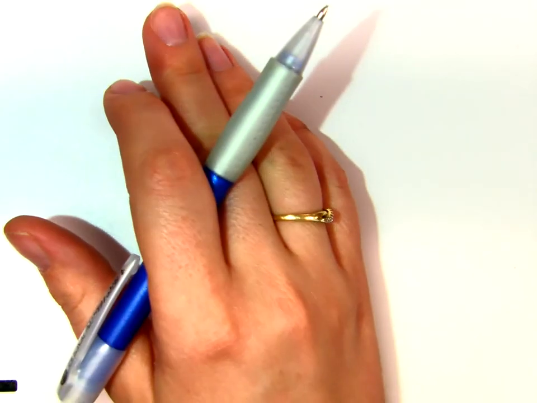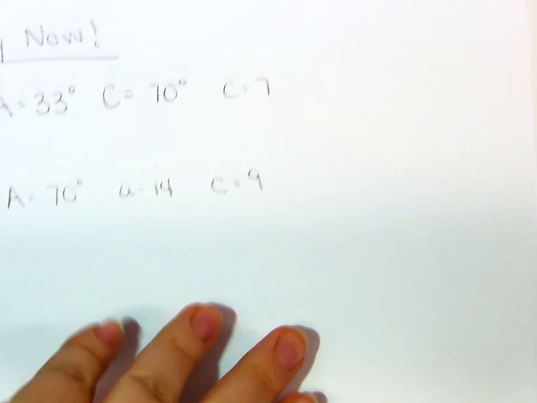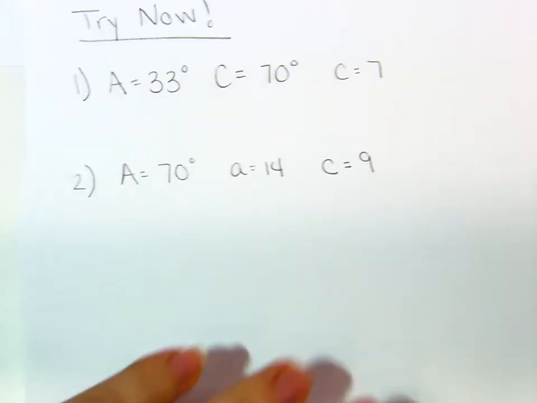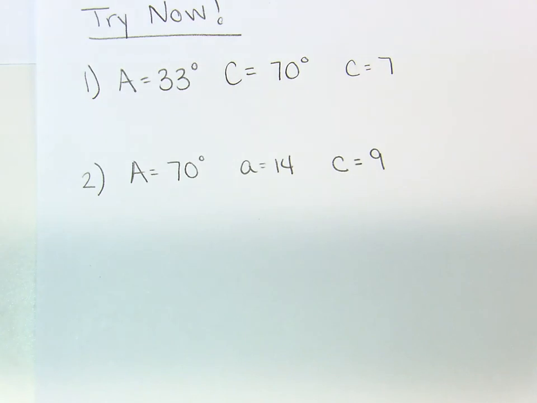I want you to try these two problems and bring it to class tomorrow for the try now problems. And solve the whole entire triangle for every missing value. So the first one you're given, angle A is 33 degrees, angle C is 70 degrees, and side C is 7.